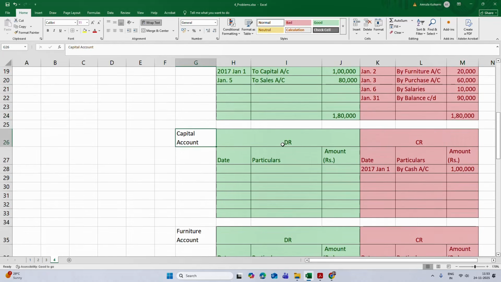Now in the capital account we just have one entry, that is by cash 1 lakh rupees in the credit side.